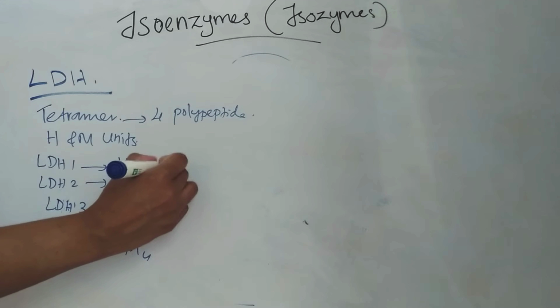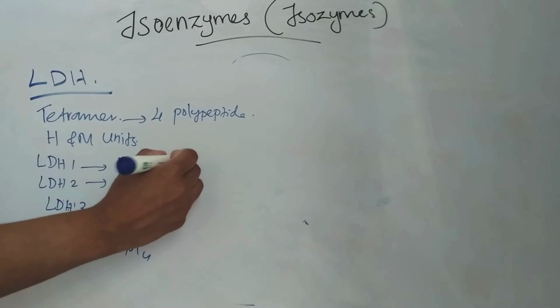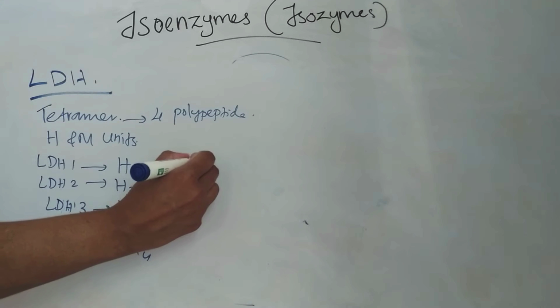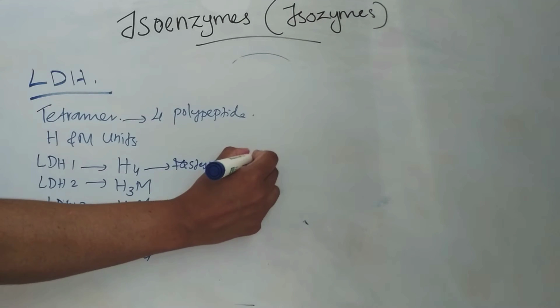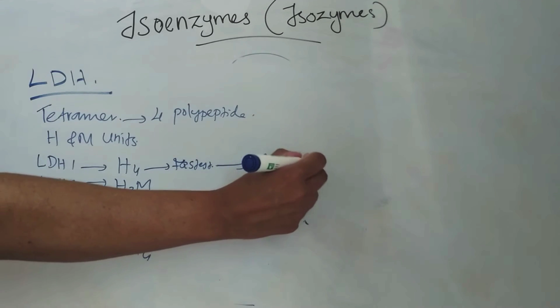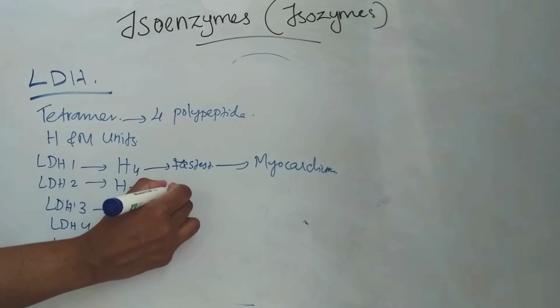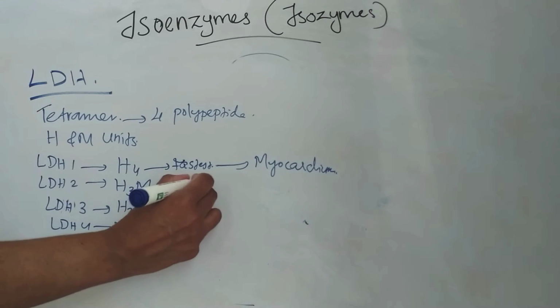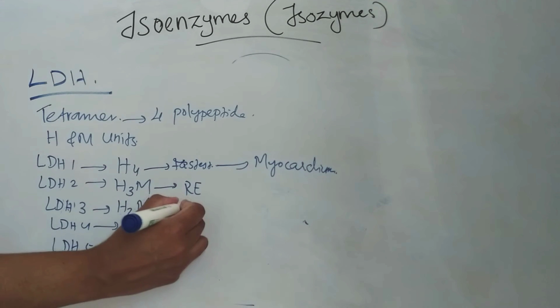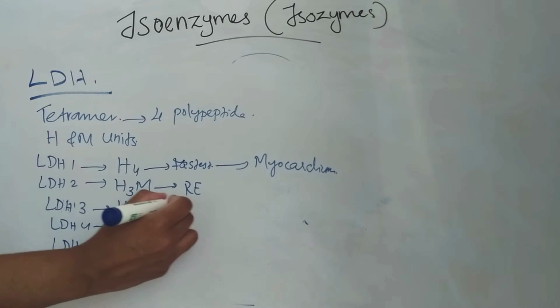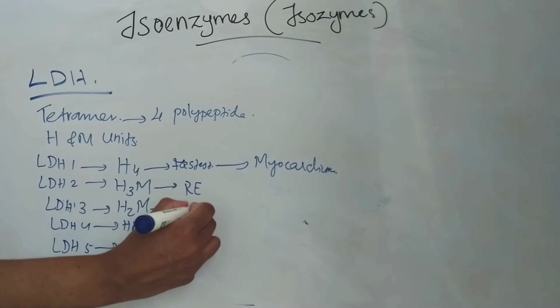Here LDH1 is the fastest moving fraction in electrophoresis. It is mainly found in myocardium. LDH2, that is H3M, is found in the reticuloendothelial system. LDH3, H2M2, is present in lungs.